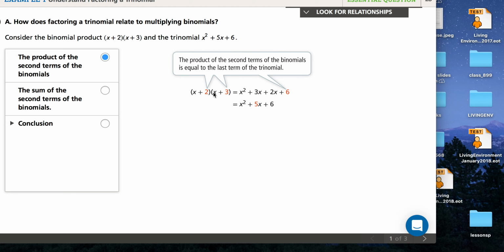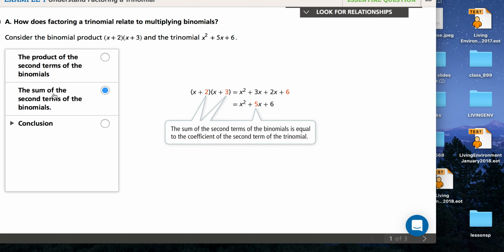So it's the product. And also, the sum of the second terms of the binomials equals the coefficient of the second term of the trinomial. So 2 plus 3 is 5.